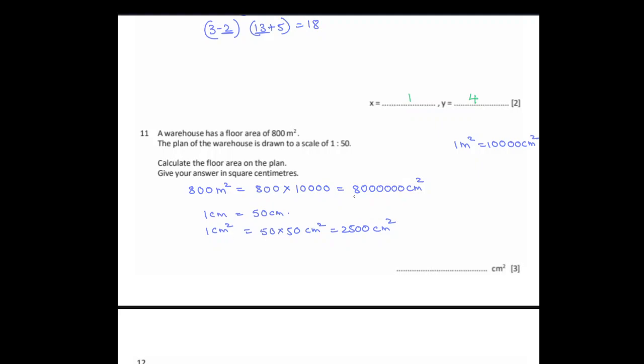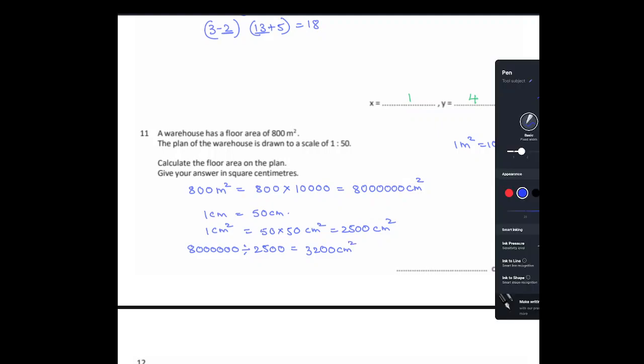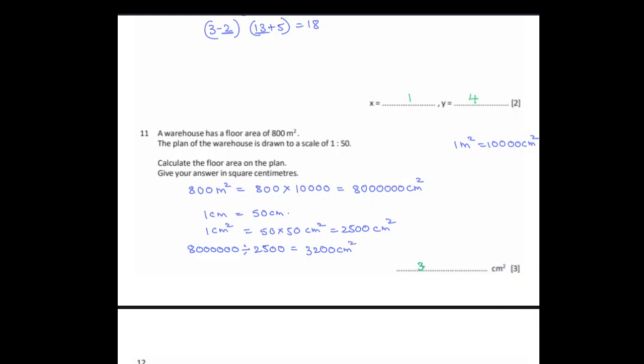Here we have 8 million centimeter square, so divide that by 2500. You will get the floor area of the plan: 3,200 centimeter square. This is the answer. Question number 11 is done.